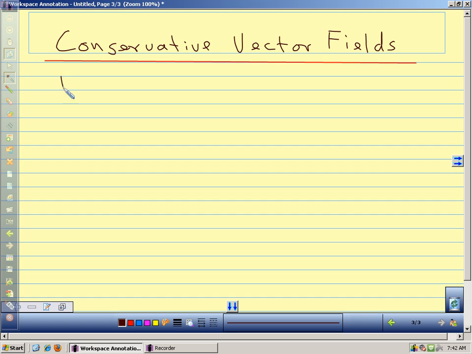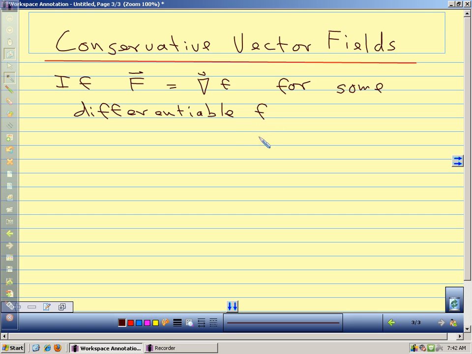A conservative field: if our vector valued function is the gradient of some scalar function, and f has to be differentiable, then we call the vector field conservative.